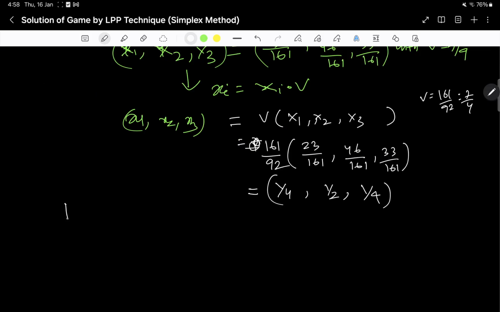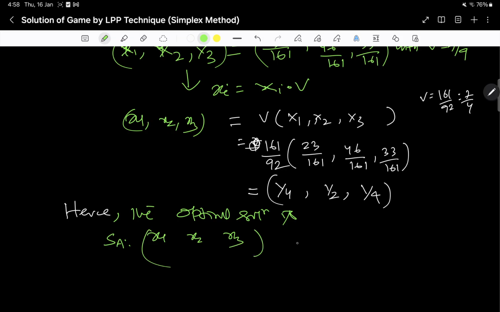Hence the optimal solution is, SA, here x1, x2, x3, and SB is y1, y2, y3. So we get 1 by 4, 1 by 2, 1 by 4. Here the sum of the probabilities is 1.